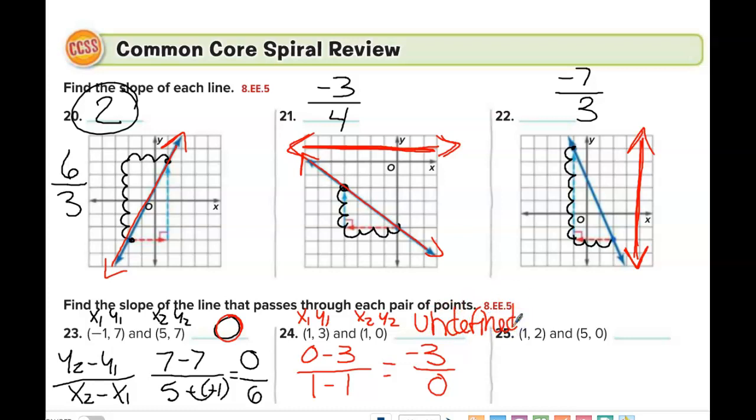An easy way to think about this: when you think about slopes, I think about skiing. When you ski down slopes, right? If you have a line that's increasing, technically you could ski up it, right? You'd have to push yourself up the hill with your sticks.